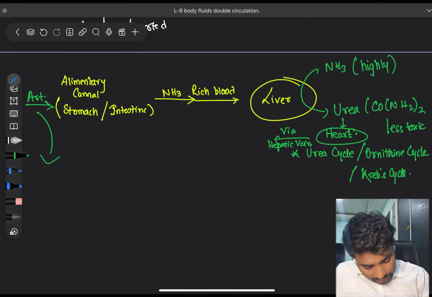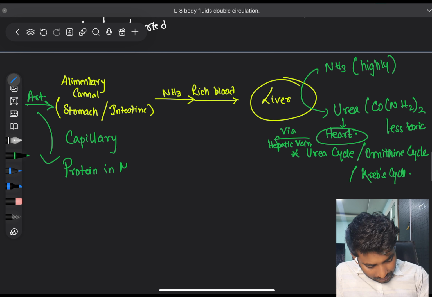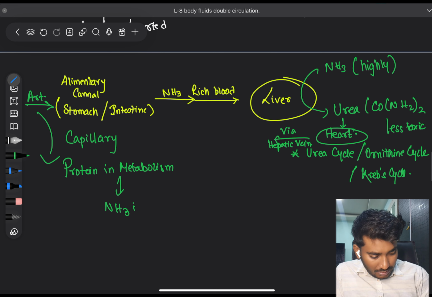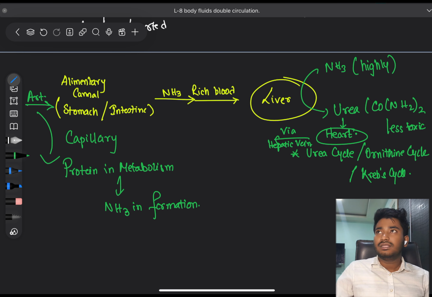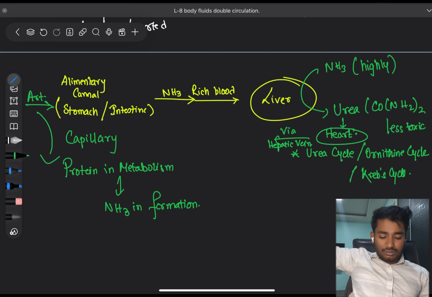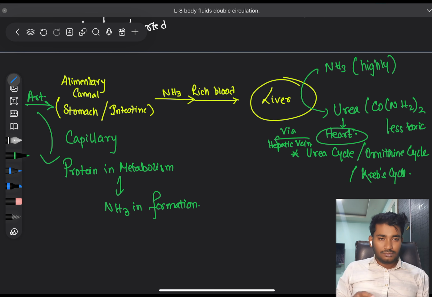Now in case there is a capillary, well, the protein in metabolism forms ammonia, NH3. NH3 is formed.